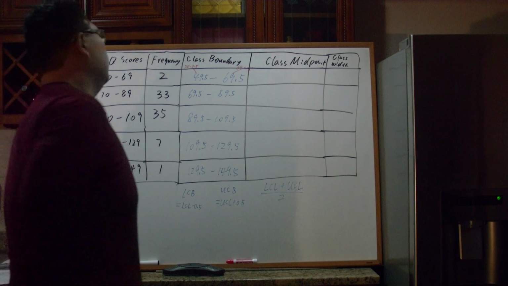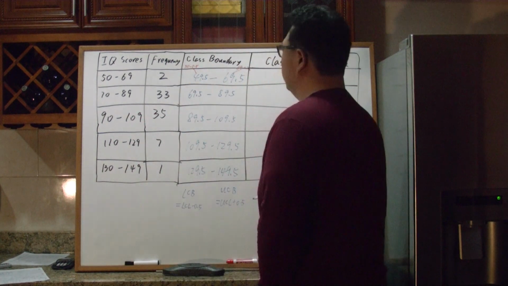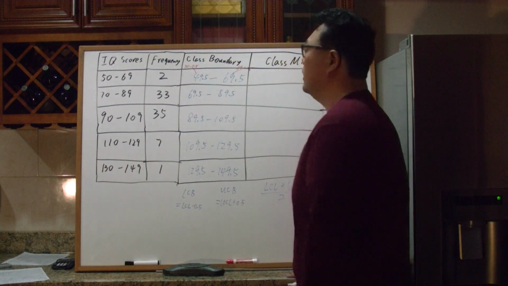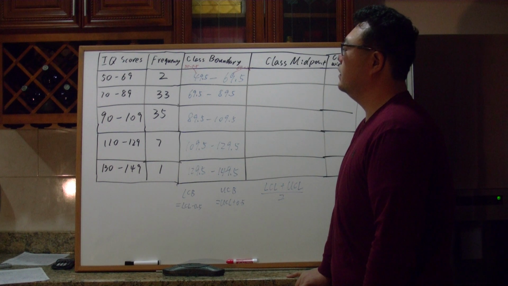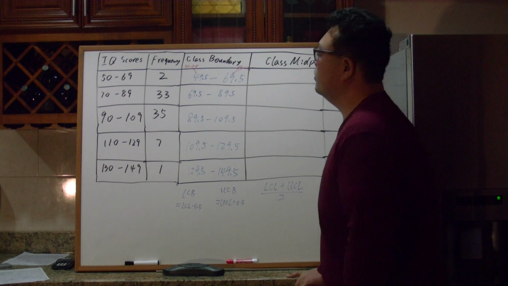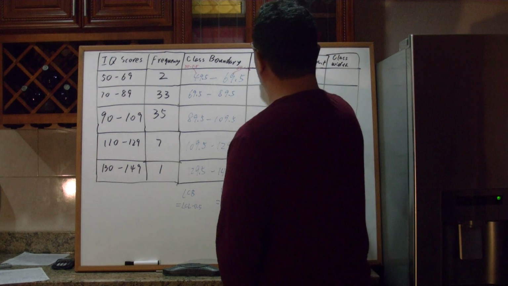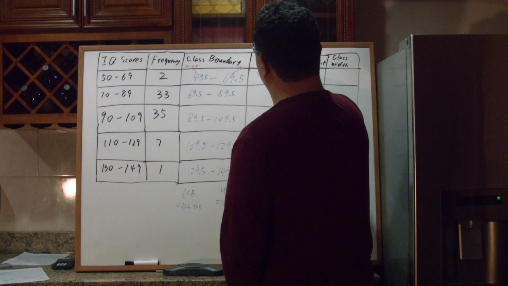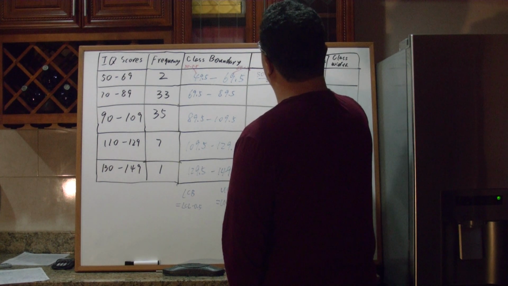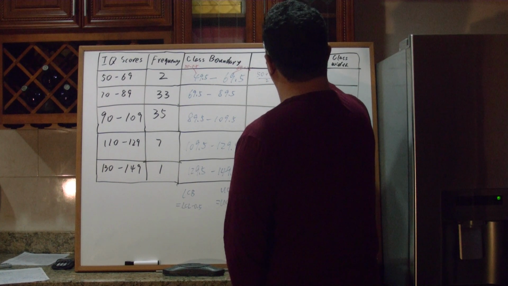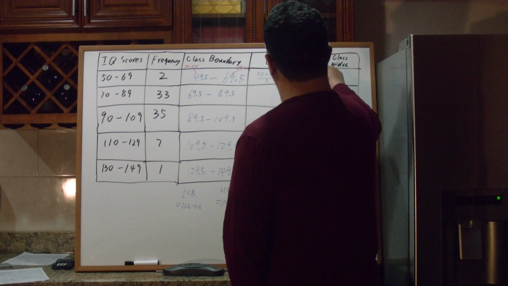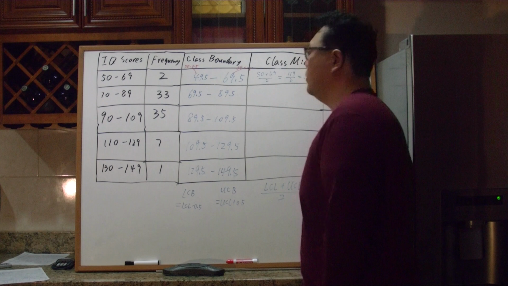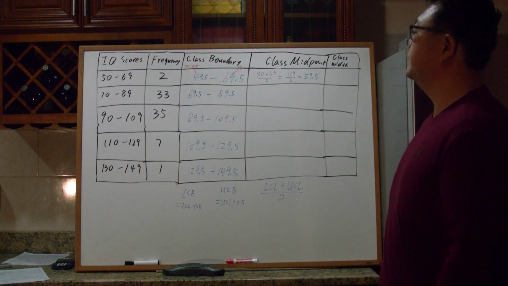Now for the class midpoint, with 50 and 69, the middle is 50 plus 69 divided by 2, that's 59.5.